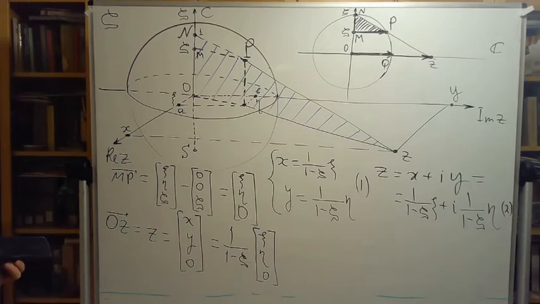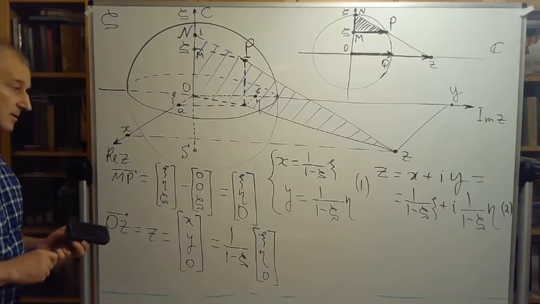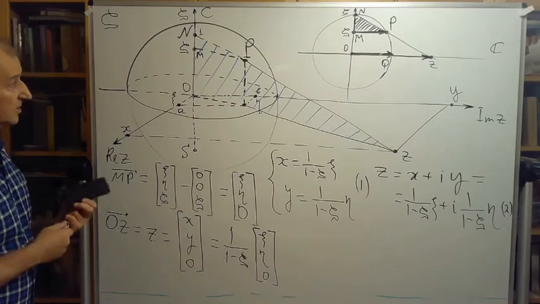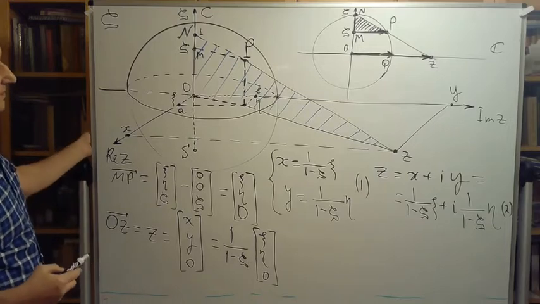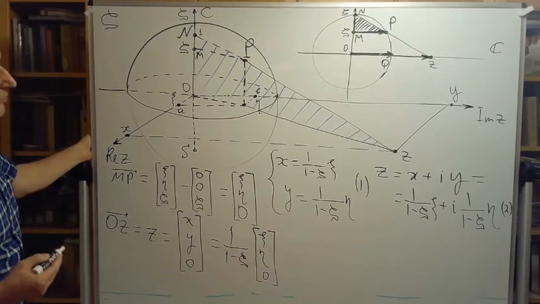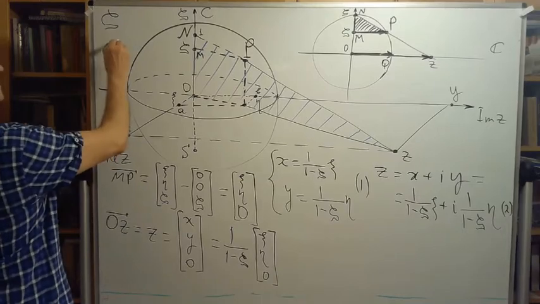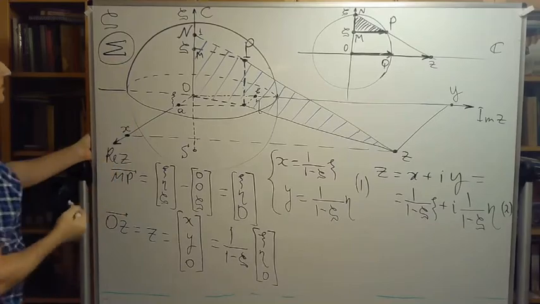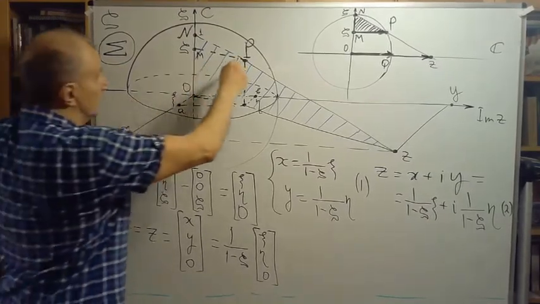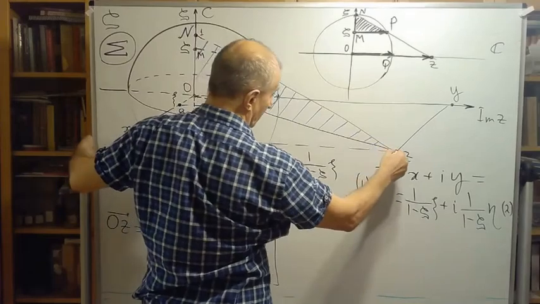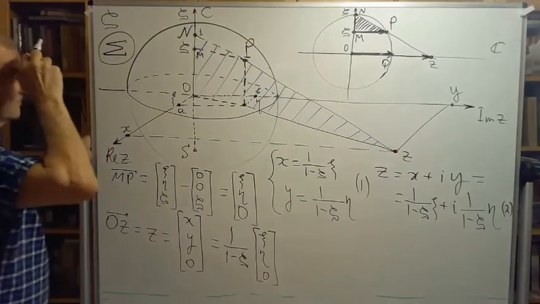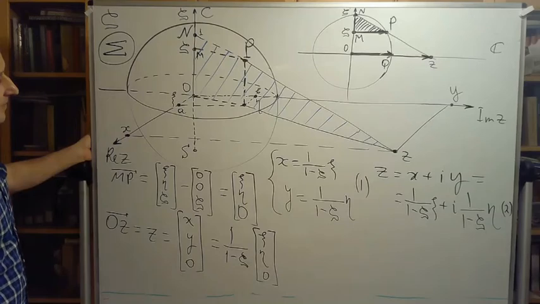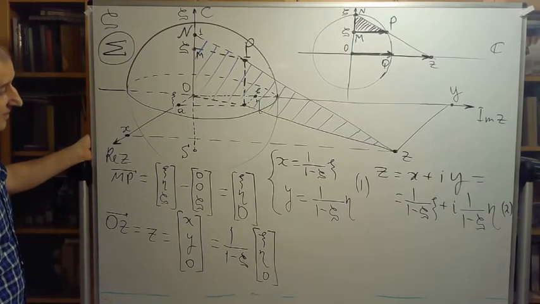What else is interesting before we proceed with studying the stereographic projection? You see, we made a one-to-one correspondence between the points of the Riemann sphere, sigma, that's what we call the sphere. For every point P, we have a point Z lying in the complex plane, right?